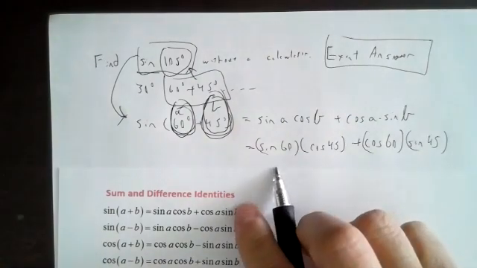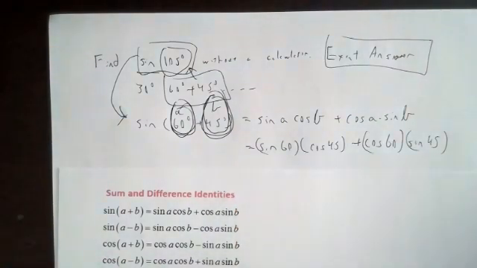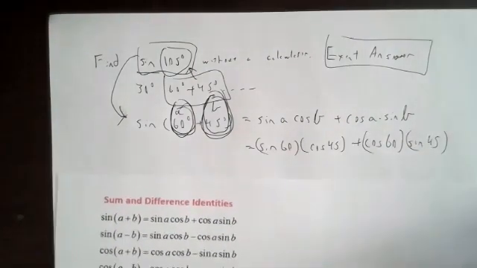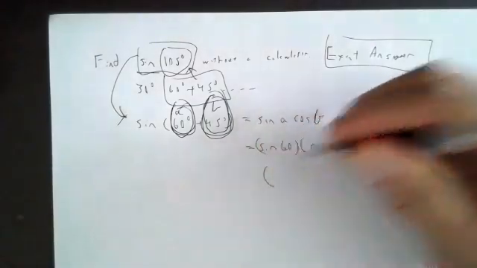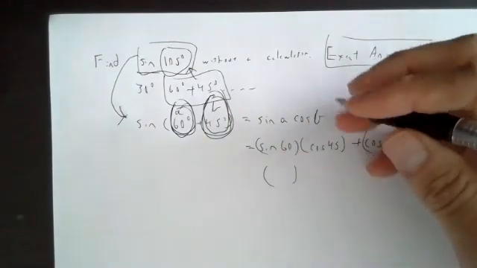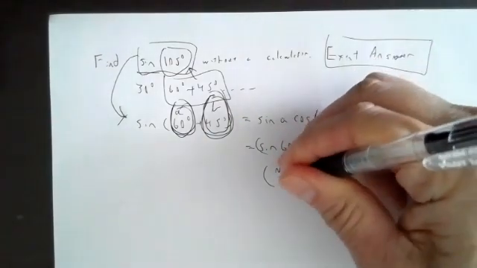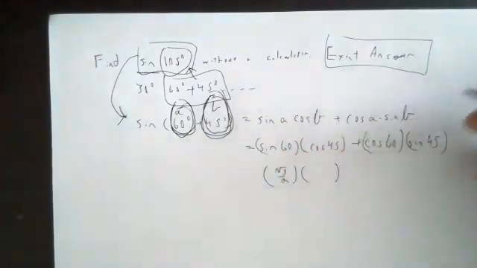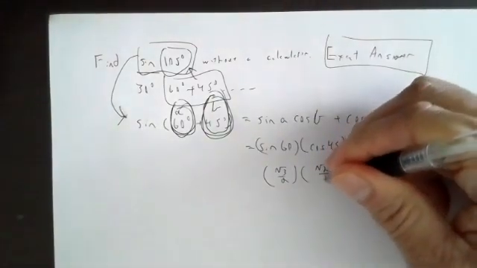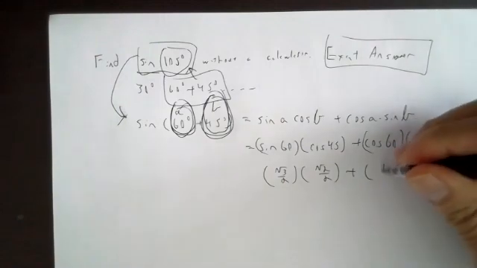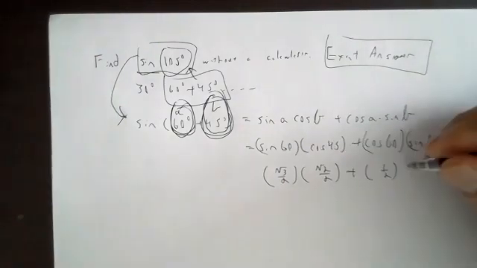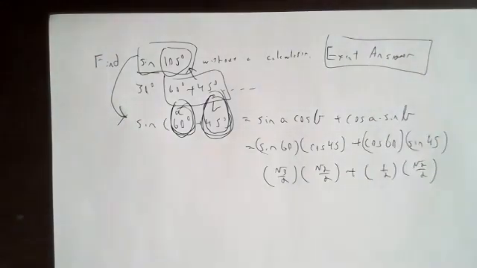All of these, sine of 60, cosine of 45, are ones I do know from my unit circle. So now I'm just going to work those out. Hopefully, if I did this correctly, the sine of 60 is root 3 over 2. Cosine of 45 is root 2 over 2, plus the cosine of 60, which turns out to be 1/2, and the sine of 45, which turns out to be root 2 over 2.